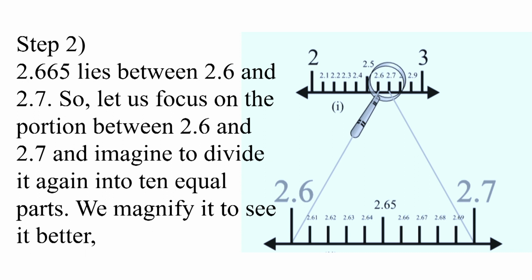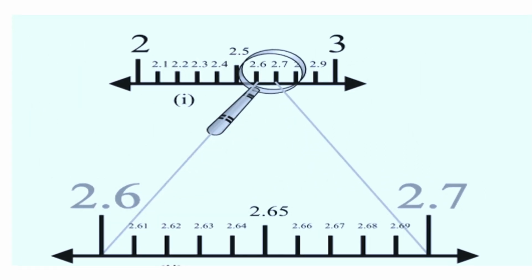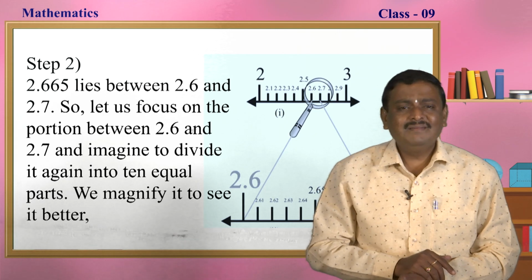If we magnify it, it is better to see: 2.61, 2.62, 2.63, 2.64, 2.65, 2.66, 2.67 up to 2.69, my dear students. Then what to do?